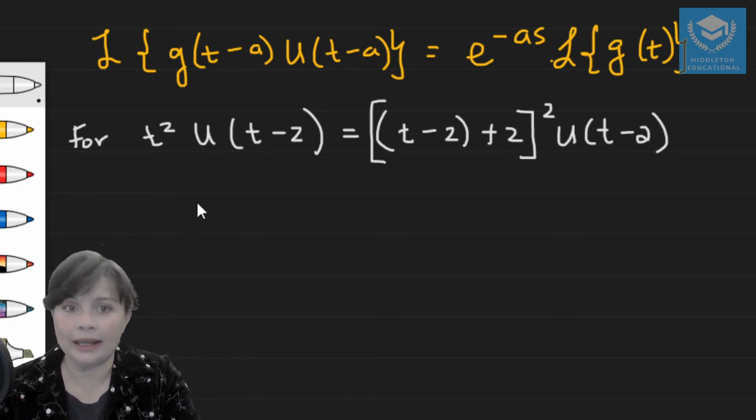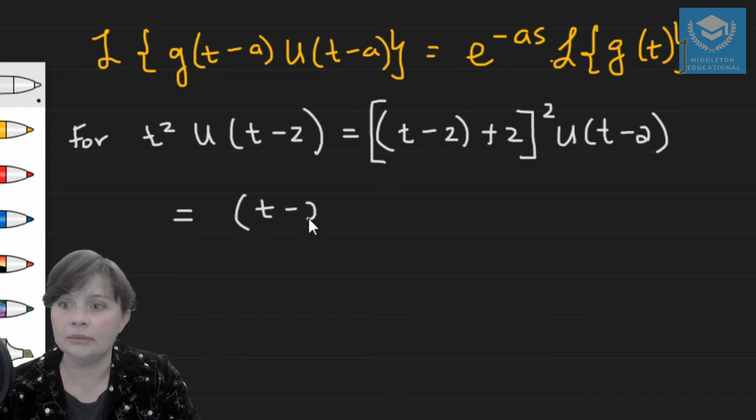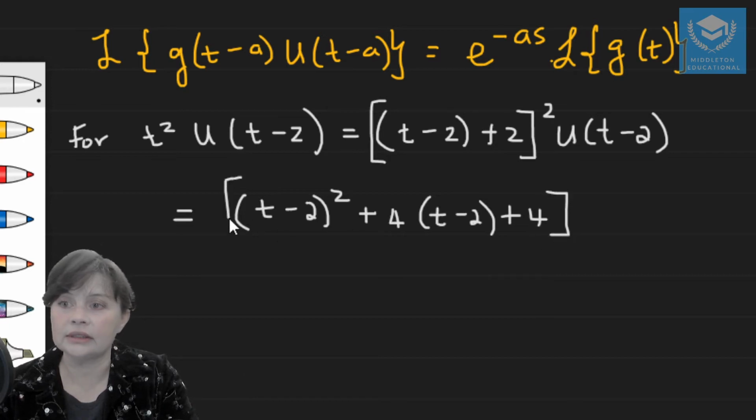So if I expand this now, I'm going to get t minus 2 squared, plus 4 times t minus 2, plus 4. And all of this is going to be multiplied by the step function.